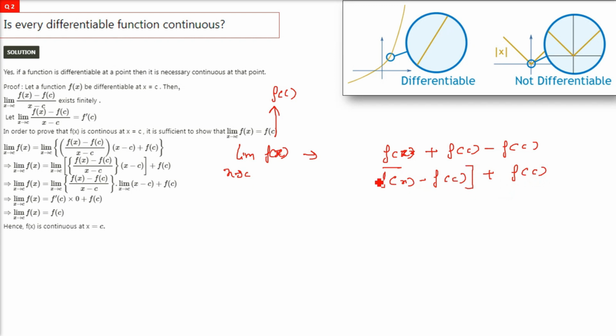So f(x) minus f(c), you can multiply the numerator and denominator by any number. Why not multiply by x minus c? So x minus c in the denominator, x minus c in the numerator, it will be cancelled out, and you have f(c) already there, right? Now let us apply the limit here.